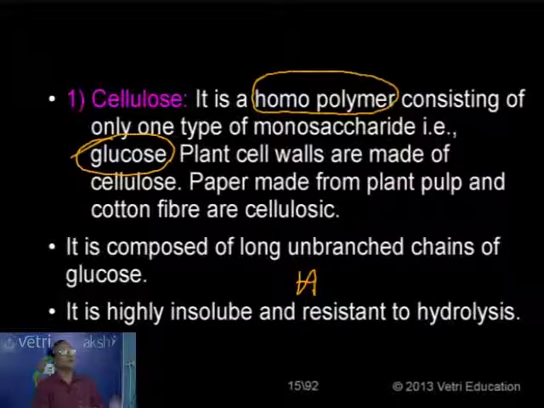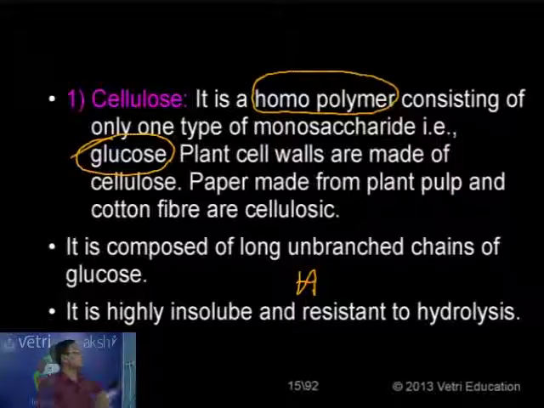It forms the structural organization of a plant cell. It is a constituent of the plant cell wall. The cell wall is made up of cellulose. Even the paper we get from plant pulp, and also the cotton fiber, are all cellulosic materials.